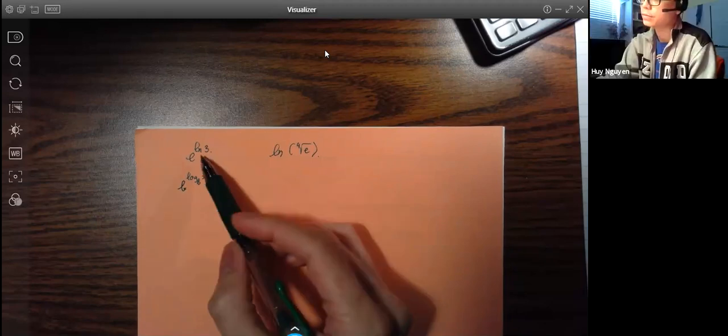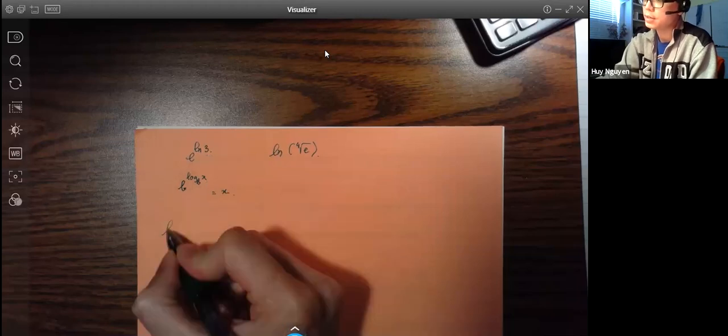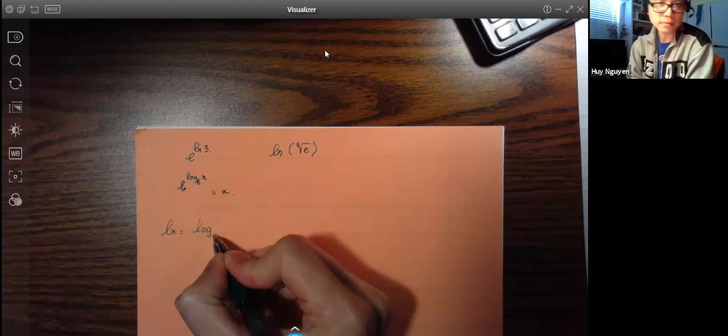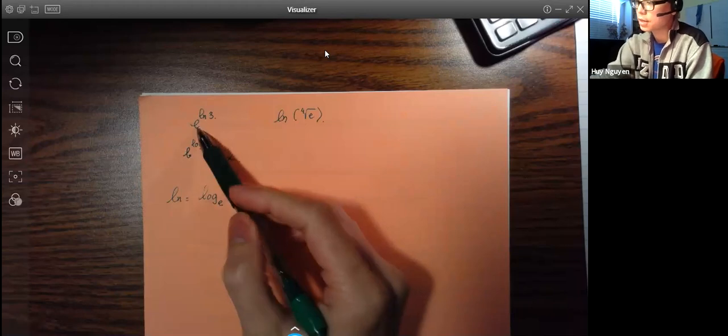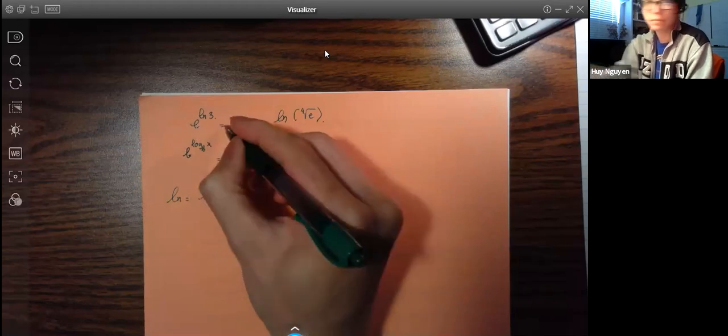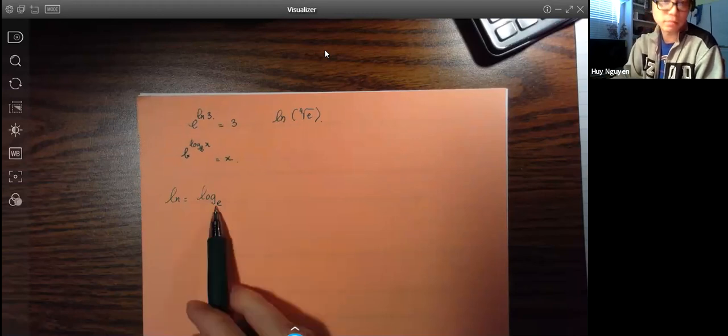So now let's go back to this. The natural log ln is the same as log base e. You see that? The e and e are the same, so this turns out to be 3, because ln is log base e.